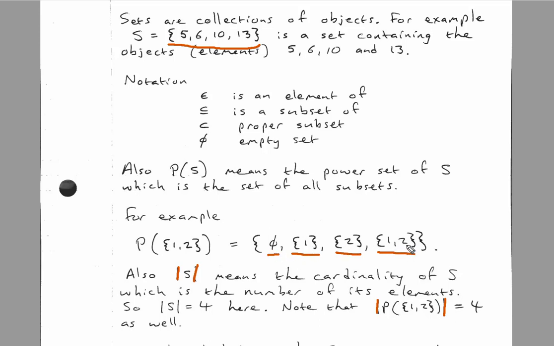You can see that this element is a set itself, and so are these. But when you're counting elements, it's just four elements here. And the cardinality of a power set is always a power of 2. We saw why that was true.